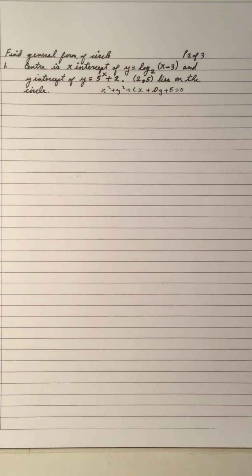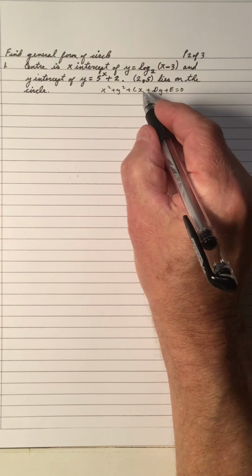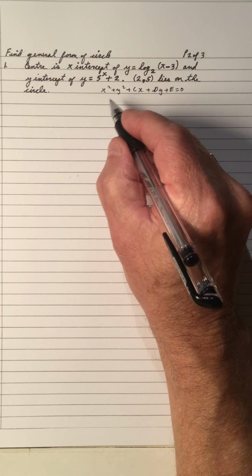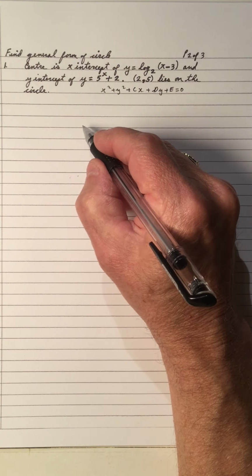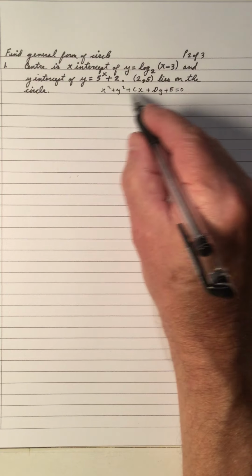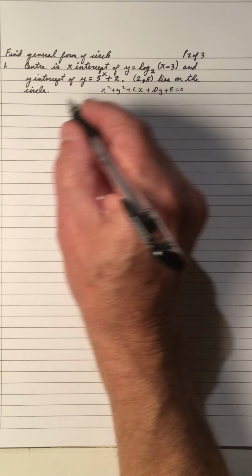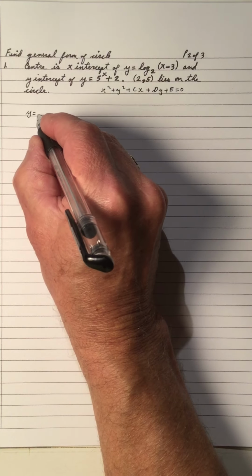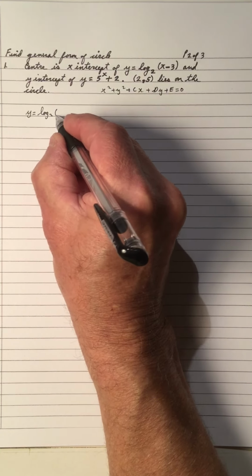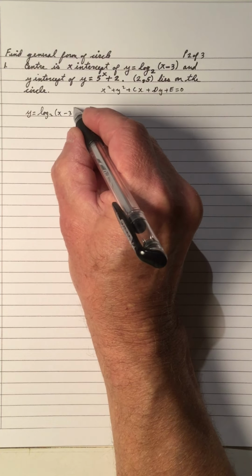To get the general form, I need the center and radius to convert it to the standard form and then simplify. The center is the x-intercept. So y equals log base 2 of x minus 3.